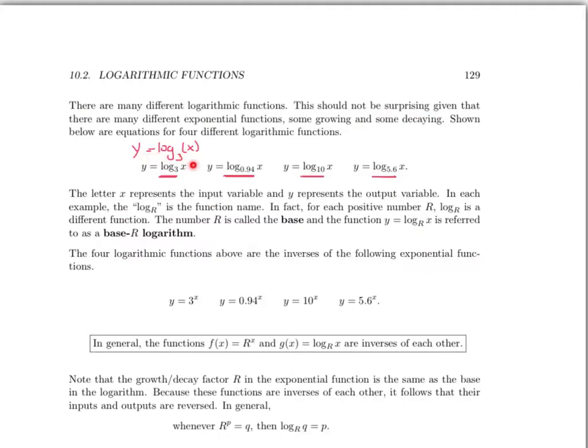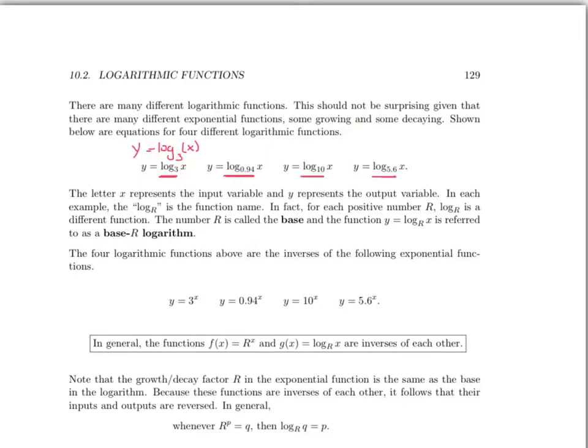So log base 3 of x is the inverse of y equals 3 to the x. Log base 0.94 of x is the inverse of y equals 0.94 to the x. Log base 10 of x is the inverse of y equals 10 to the x. And y equals log base 5.6 of x is the inverse of 5.6 to the x.